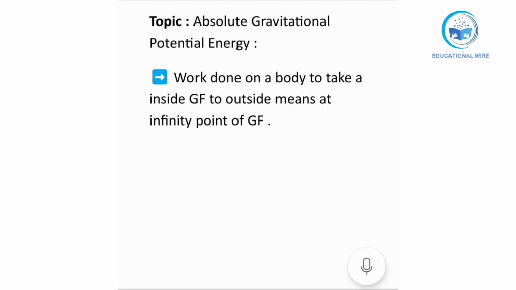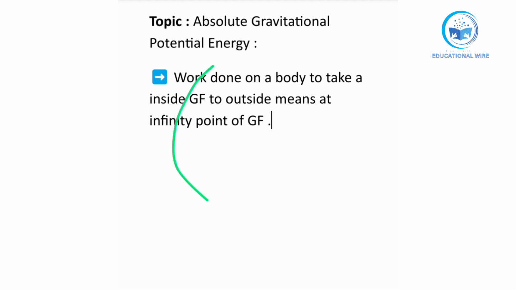So this is the definition of absolute gravitational potential energy: the work done on a body to take it from inside the gravitational field to outside, meaning the infinity point of the gravitational field. So let me make a diagram for you for understanding.